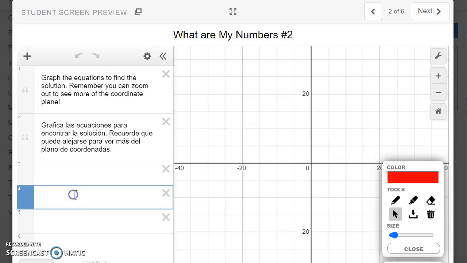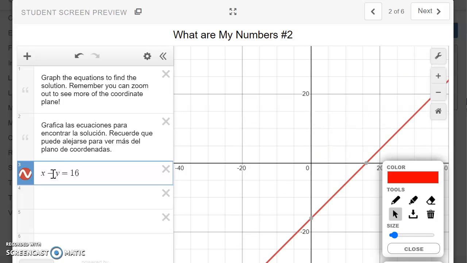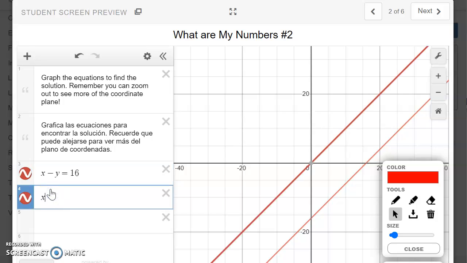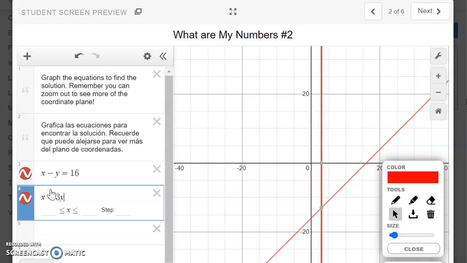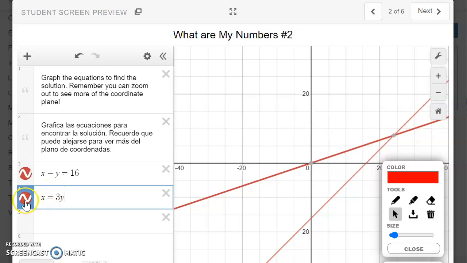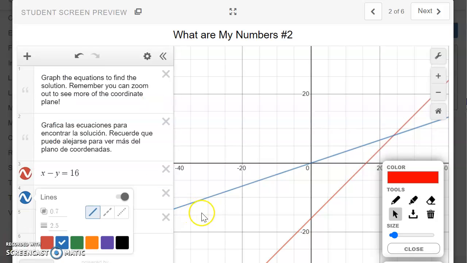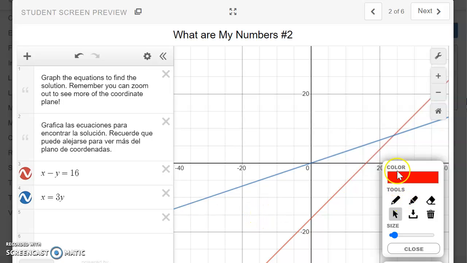So the first equation was x minus y was equal to 16. And then the second equation was x is equal to 3y. So those were my two equations. Okay, so then I get to see where they intersect.